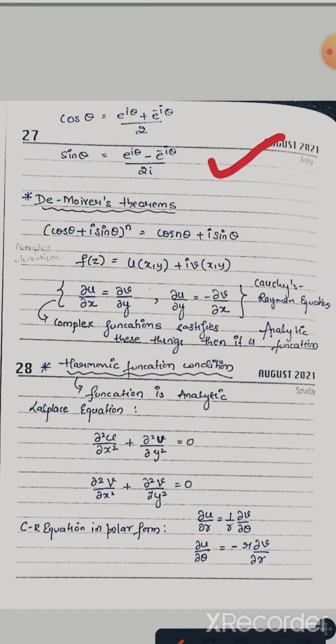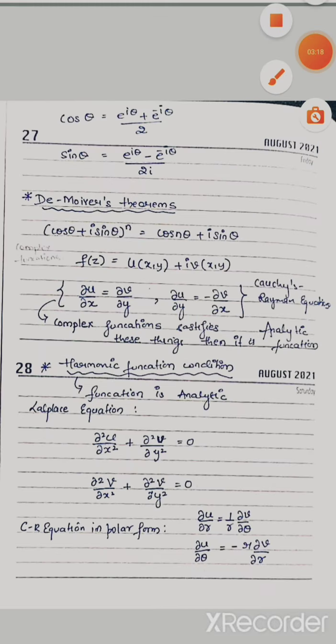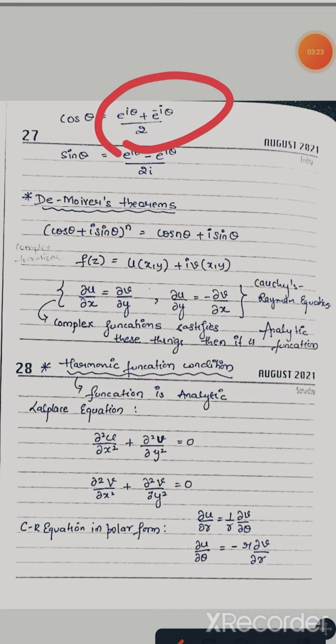Okay, see, in hyperbolic we did not take the iota, the imaginary unit is not considered here, whereas in cos and sin functions we take exponential terms with the imaginary unit, that is e to the power of i theta and e to the power of minus i theta. Okay, these are a few basic expressions you should know.